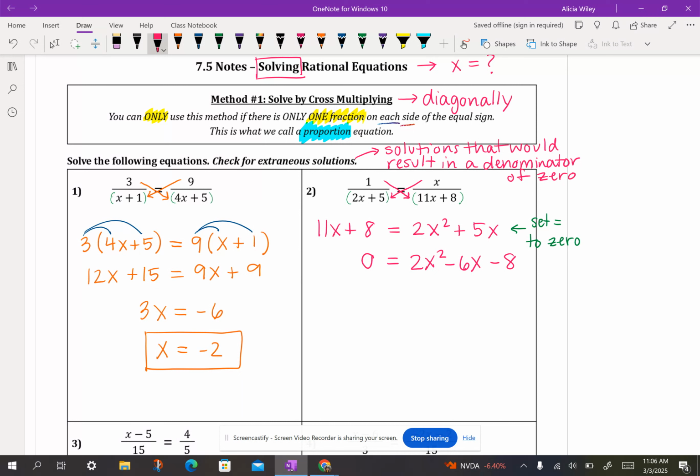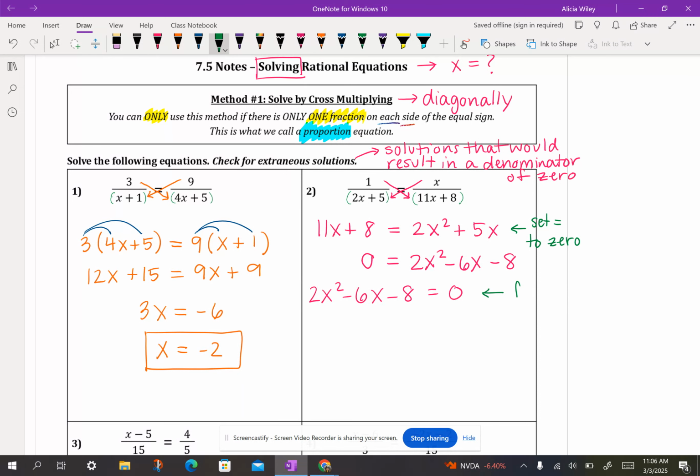If you don't like your x squared on the right-hand side with a 0 on the left, you can just use the symmetric property here and flip it all around. If you like it looking like that, go ahead. I prefer my 0 to be on the right, so it's not a bad idea to do that, but you don't have to. Okay, the next thing is, looking at this, you have 2 options.